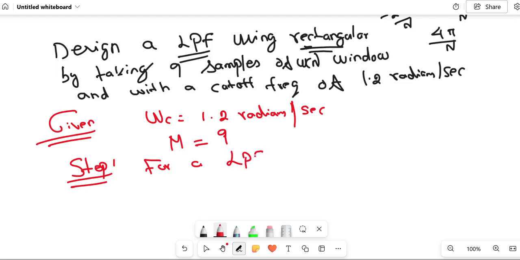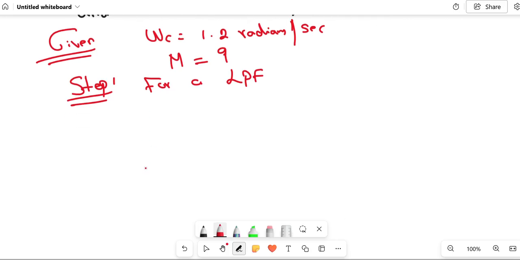So, what is the ideal? Step by step you have to explain ideal or desired frequency response.